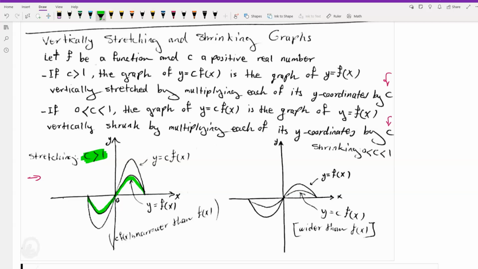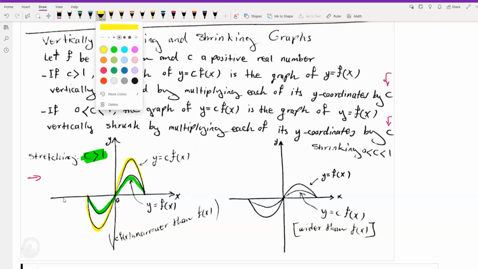So multiplying by c, we're going to have this graph. Stretching it, this will be the graph for y equal to c times f of x. So c times f of x is narrower than f of x.